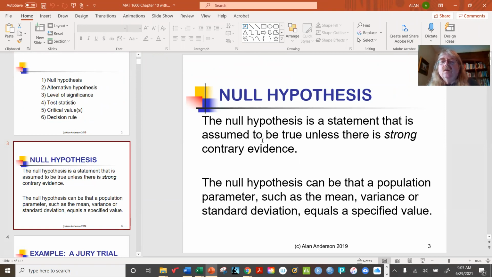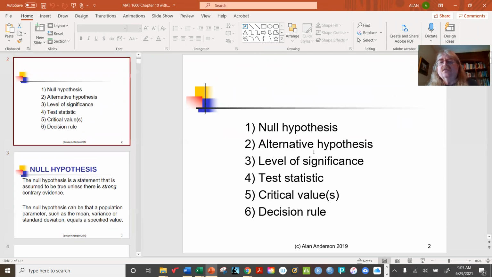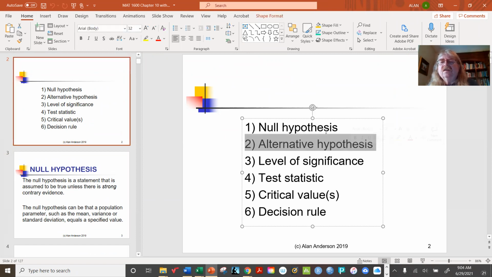If we do, what we will do then is reject the null hypothesis in favor of what we will call the alternative hypothesis. So there's always got to be two hypotheses for any situation, the one that we assume is true, and then one we will accept in its place if we can prove that the null hypothesis is false.